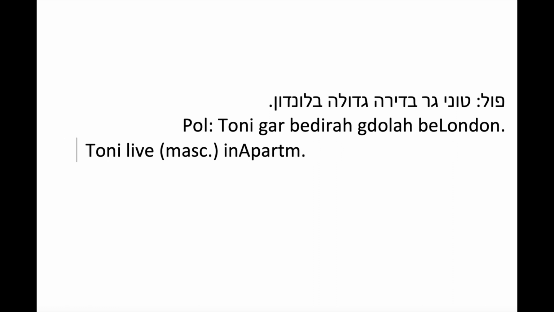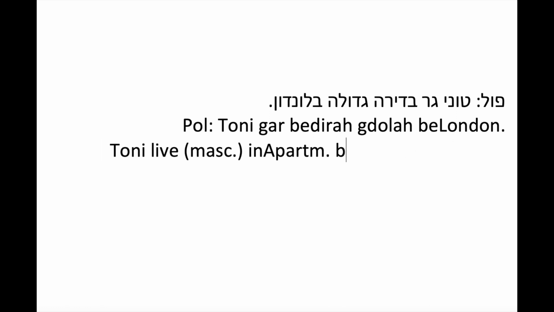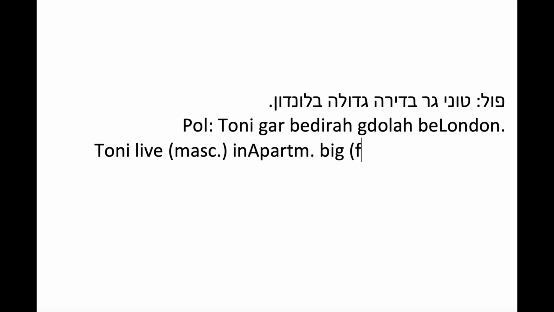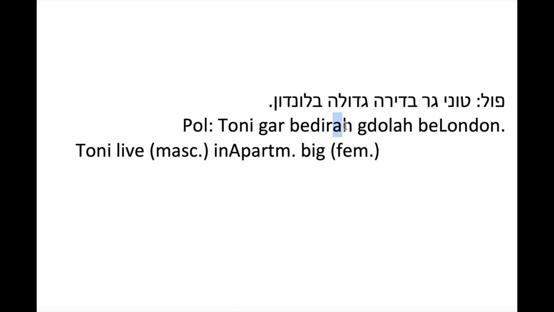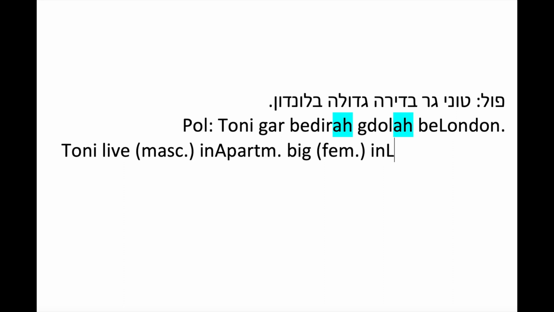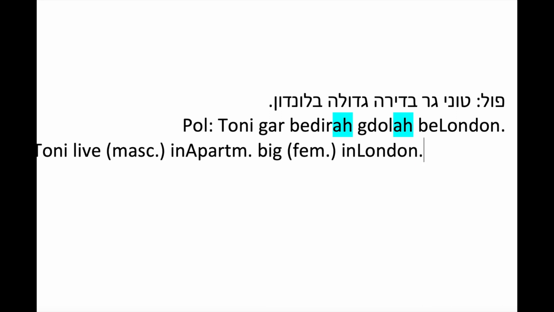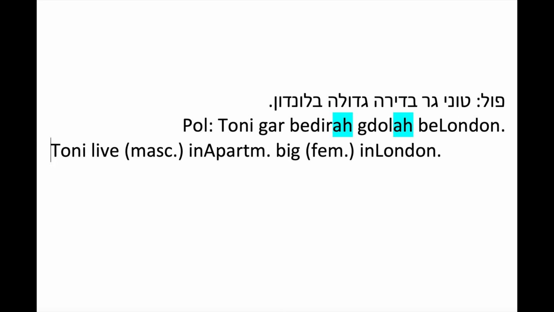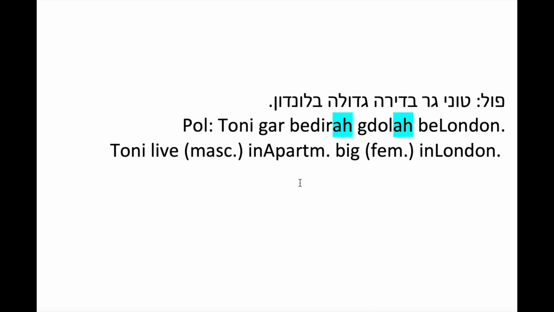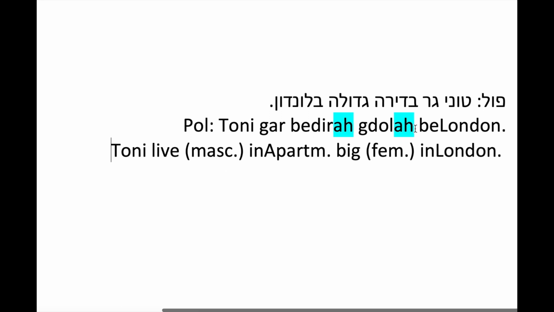Gdola means big, feminine form. Why? Because dira is feminine. In a big apartment. Apartment is feminine in Hebrew, so the word big also needs to be in the feminine form. So dira gdola beLondon, in London. Be means in or at. Tony gar bedira gdola beLondon.